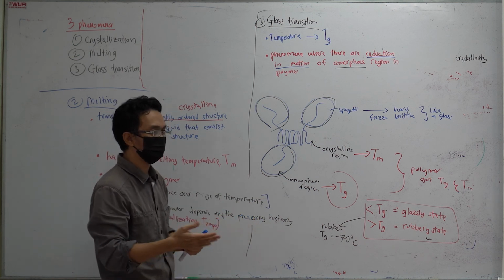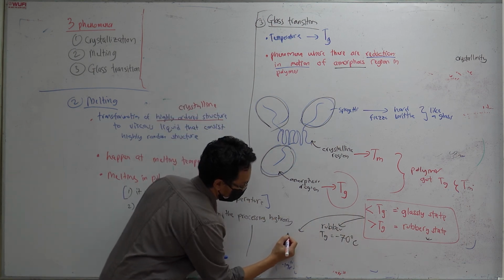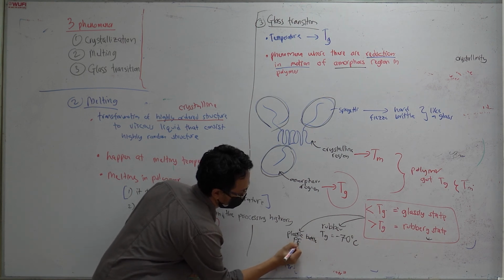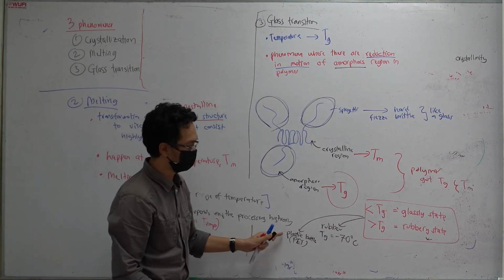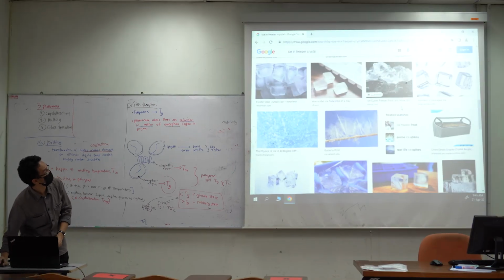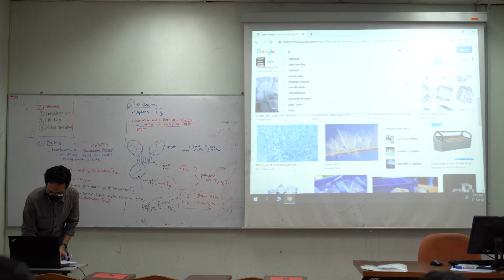Another example is your plastic bottle. PET, polyethylene terephthalate. So the normal plastic bottle, the normal PET bottle here.